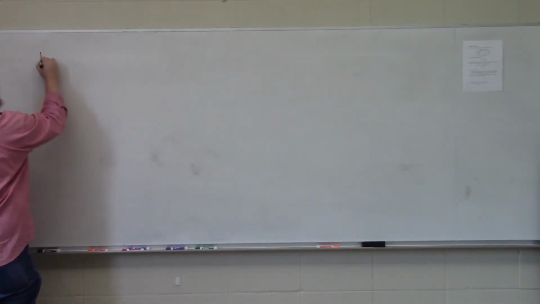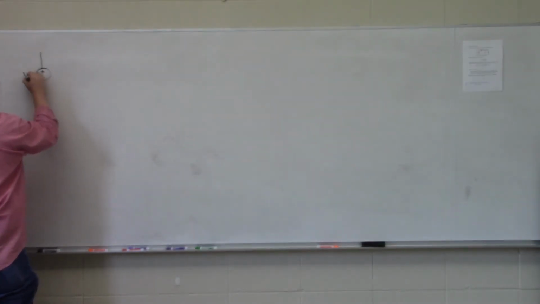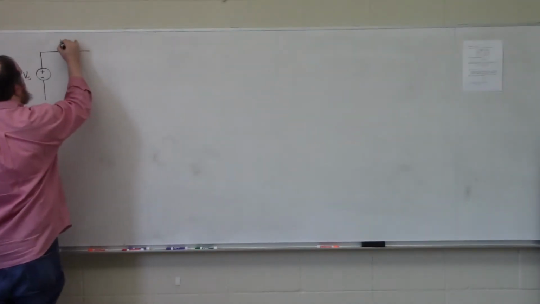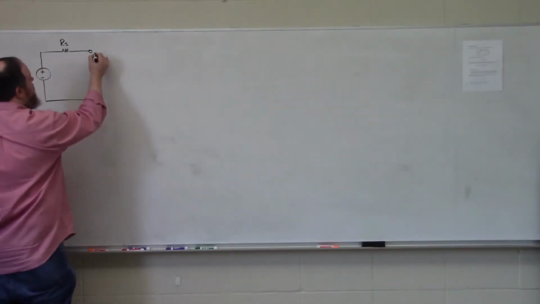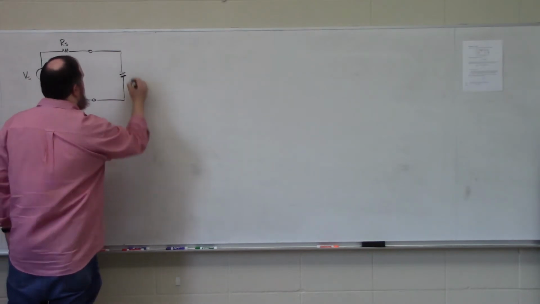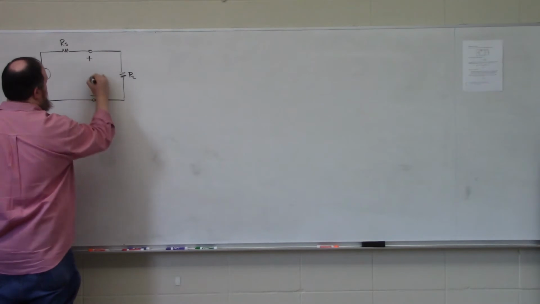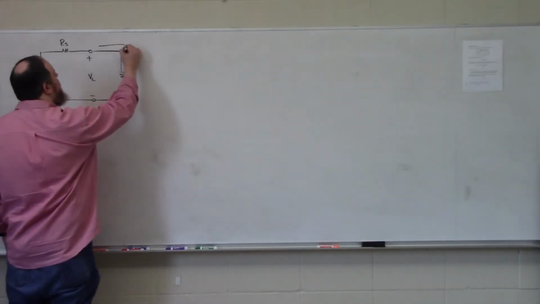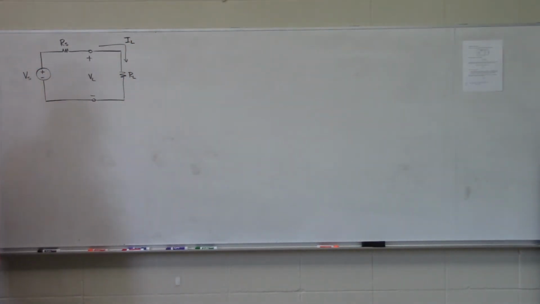So for a practical voltage source, where we have some voltage Vs in series with some resistance Rs, let's load this with a load resistor RL, and determine the load voltage VL and the load current IL.